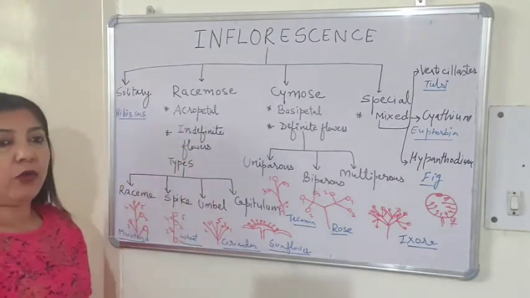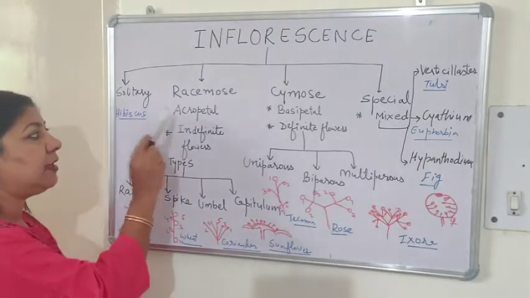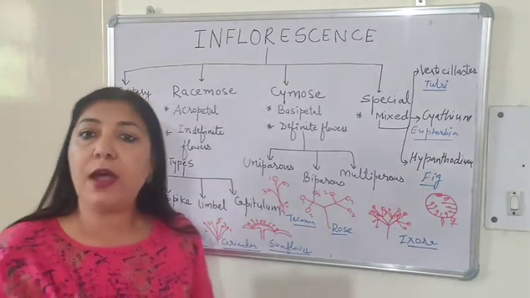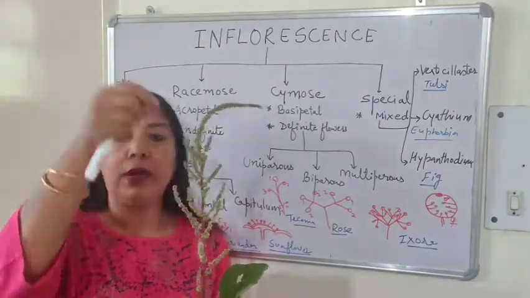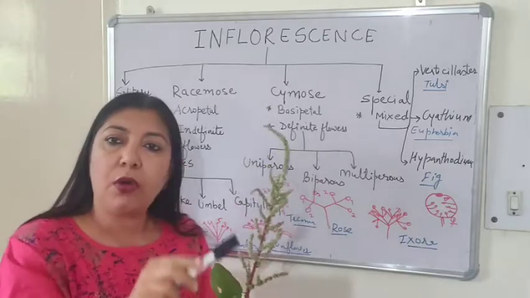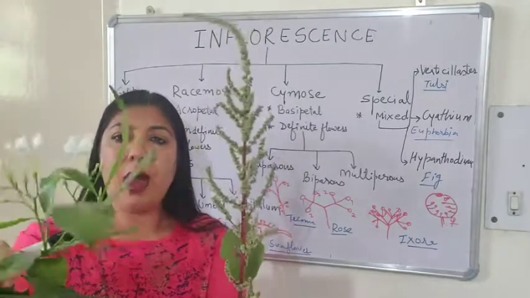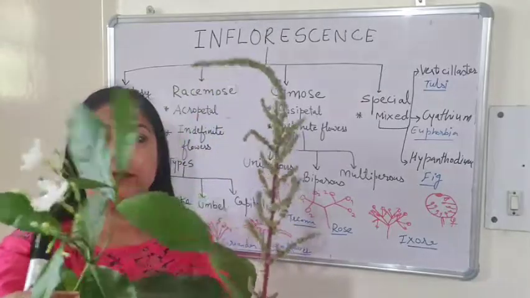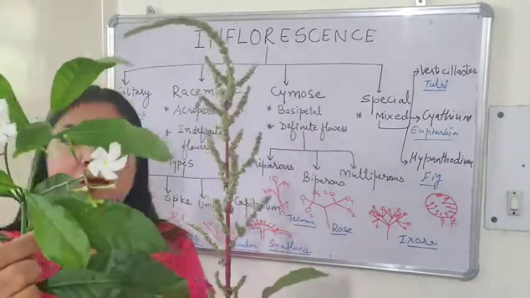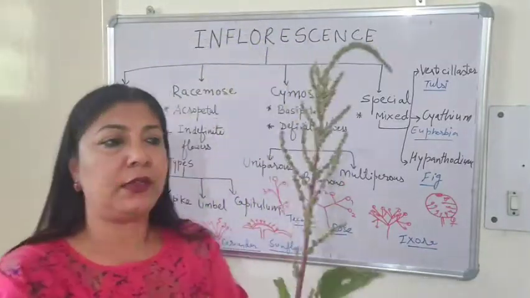Now I have noted down 2 main differences. The first difference is the arrangement of flowers on the floral axis, or you can say the arrangement of flowers on the peduncle. Can you differentiate how they are arranged? See, this is racemose, this is cymose. They are quite different.